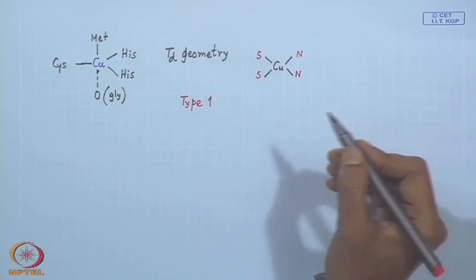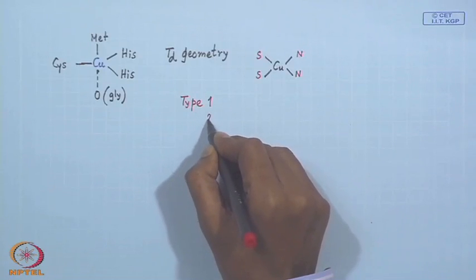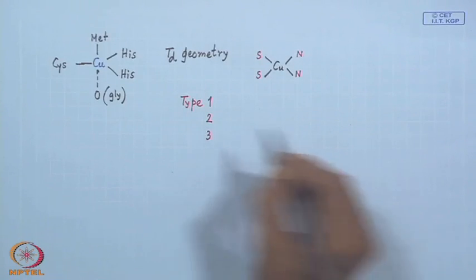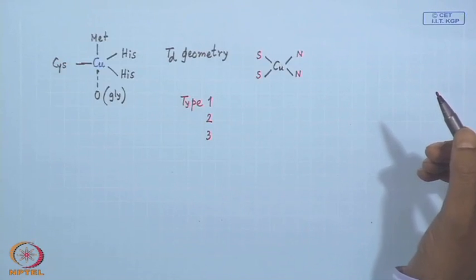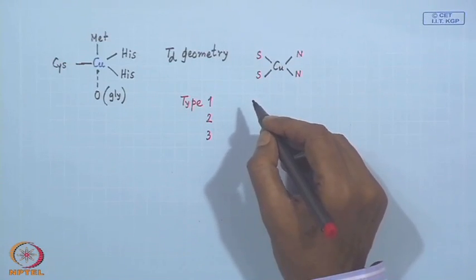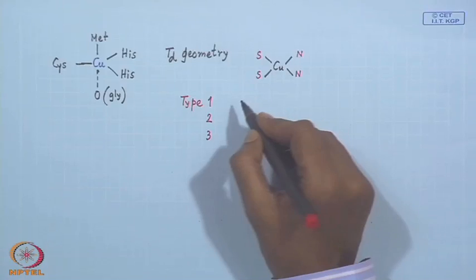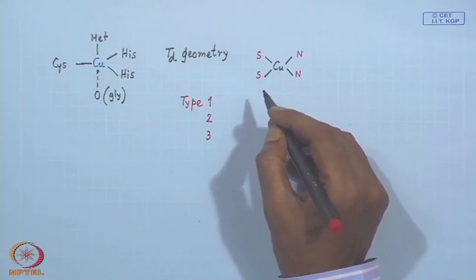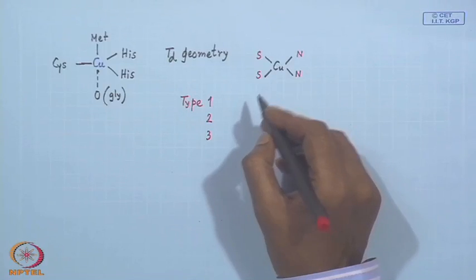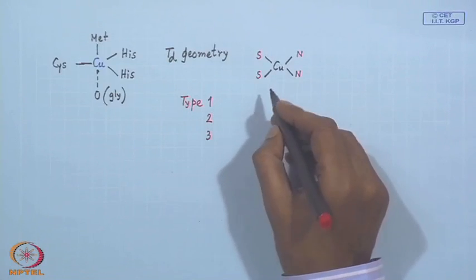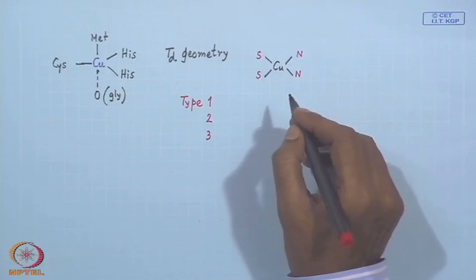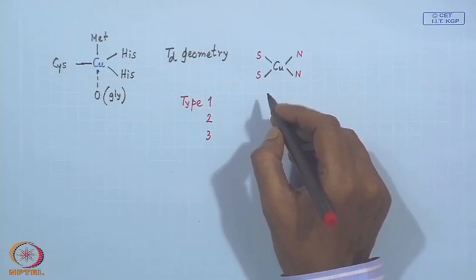So, this is for type 1 basically, then there are some which are type 2 and some are type 3. In the type 1 case, one such potential we have just seen in azurin, which is a type 1 also, and is close to 0.4 volt or 400 millivolt.